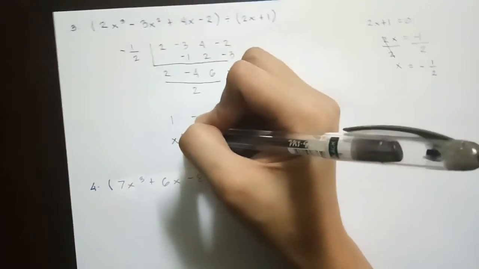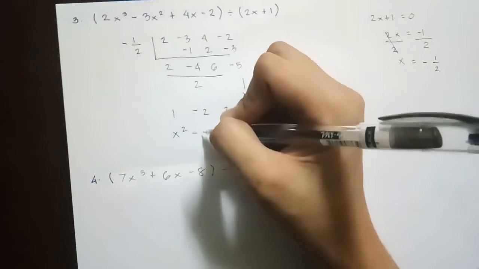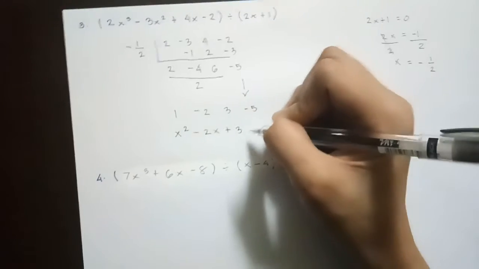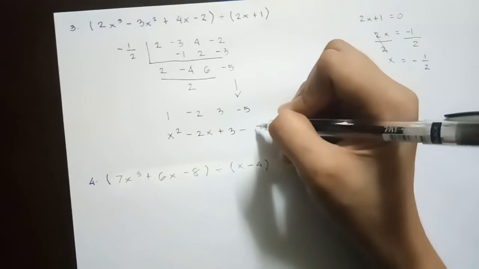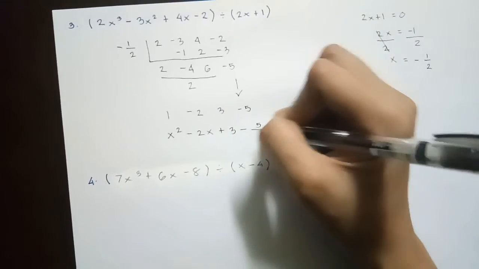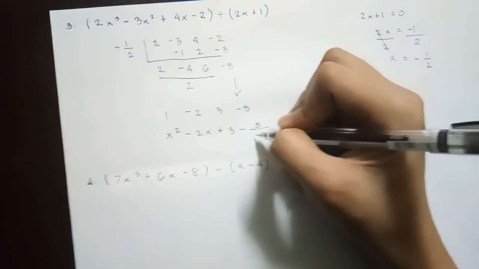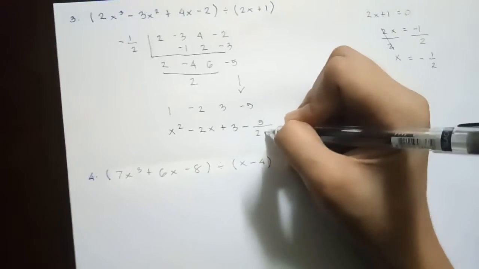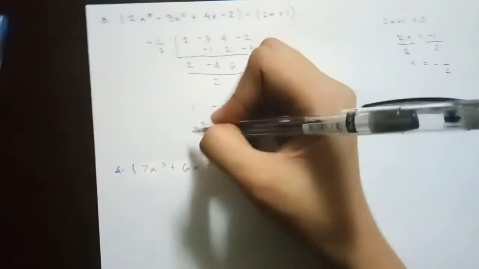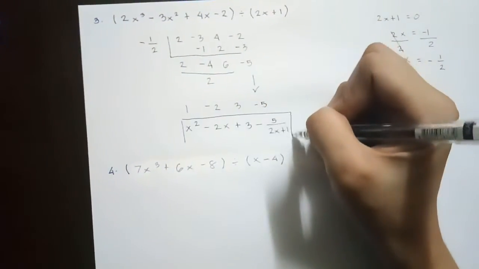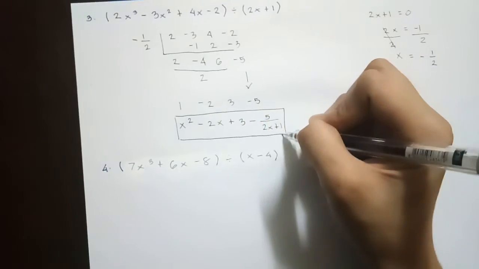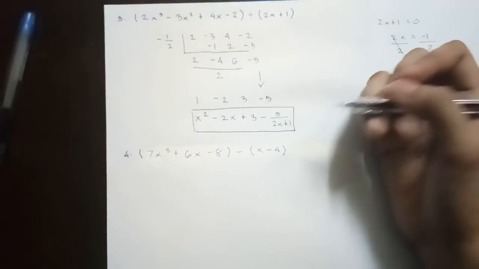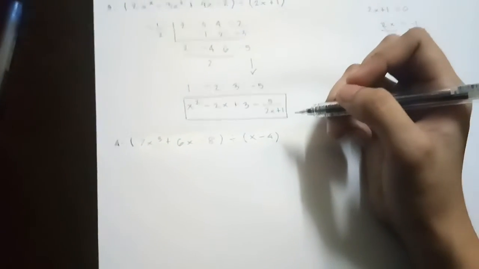So x squared minus 2x plus 3 minus 5 divided by the one that we tried to divide with, 2x plus 1. So this would become our answer. X squared minus 2x plus 3 minus 5 divided by 2x plus 1.